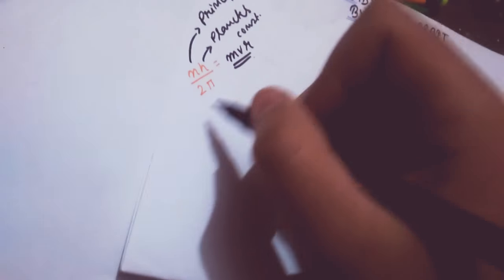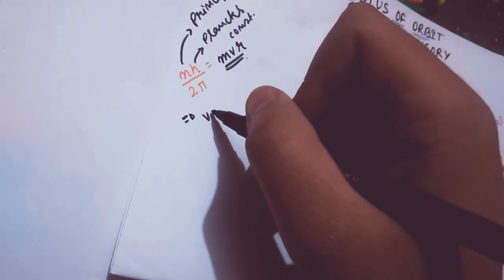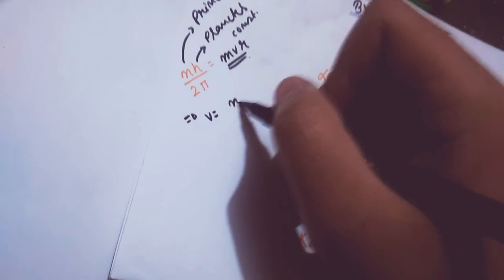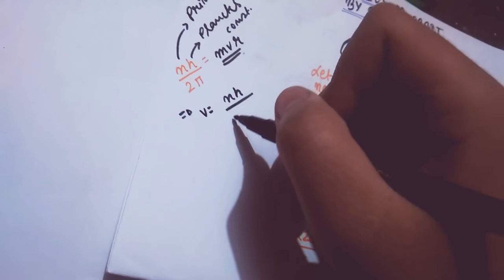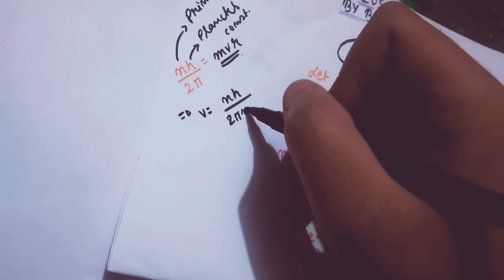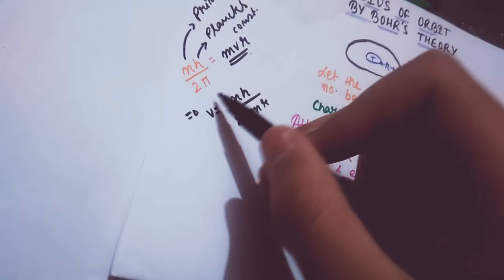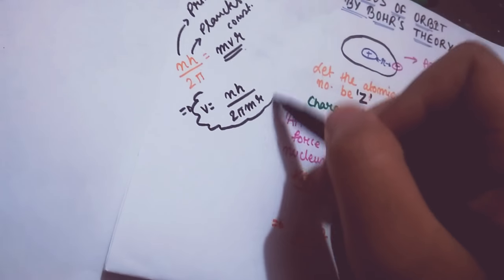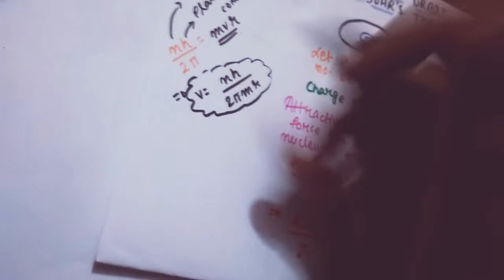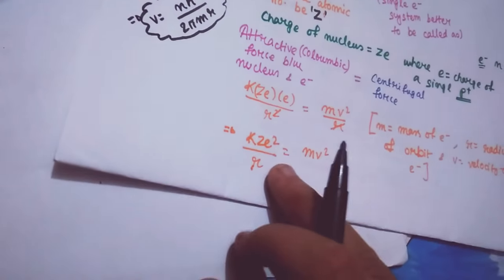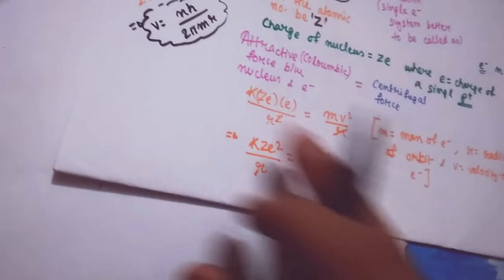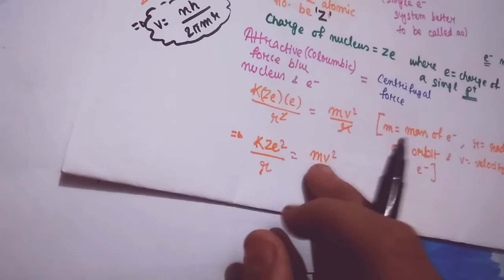Now we are going to find the value of v from this equation. So v is equal to nh by 2 pi mr. So from here we have got the value of v, and we will put this value of v in this equation.